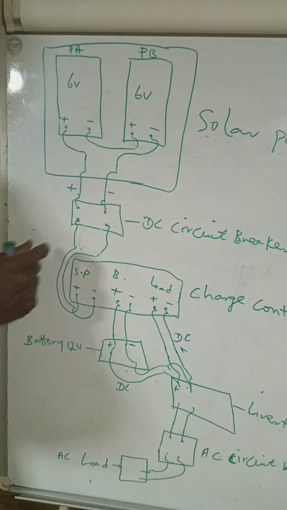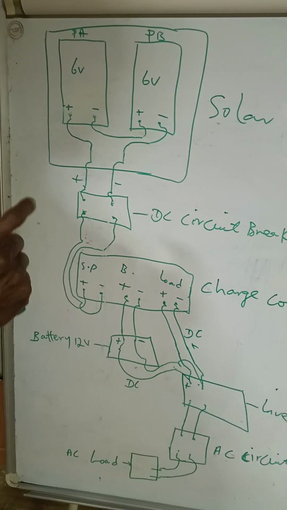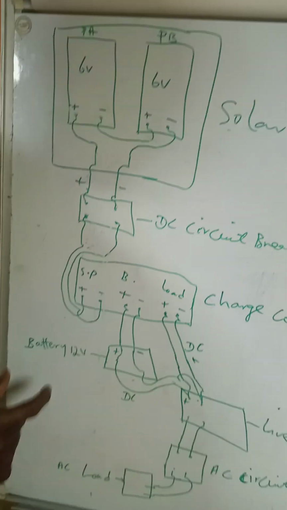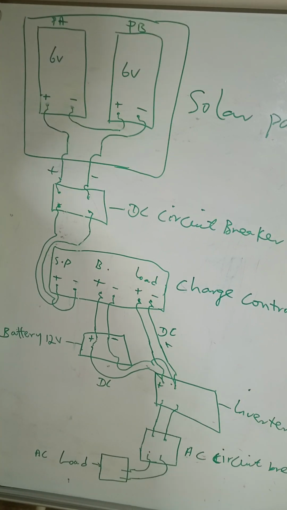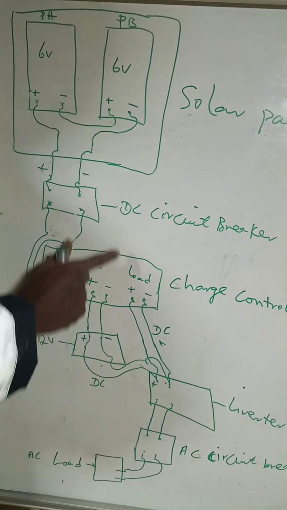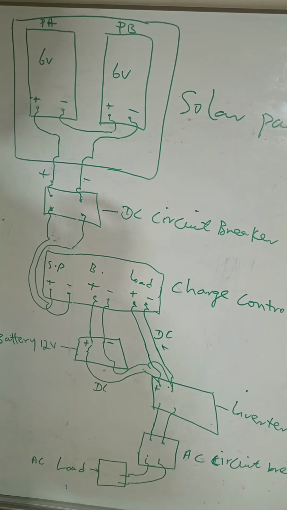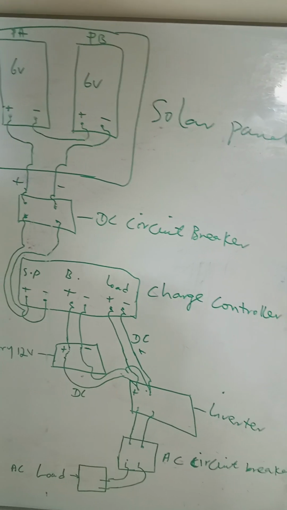What we do practically is we have an interest in protecting our components, mostly electronic components like the charge controller. That is why in between the panel and the charge controller, we introduce a DC circuit breaker, single pole, that is positive and negative.